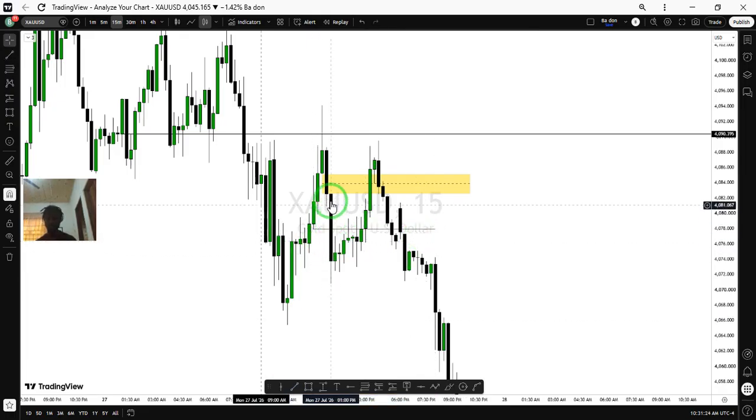So now you understand. So this is the shift in market structure after the injection, and here is our fair value gap. We have 2 fair value gaps, but we are using the first fair value gap.